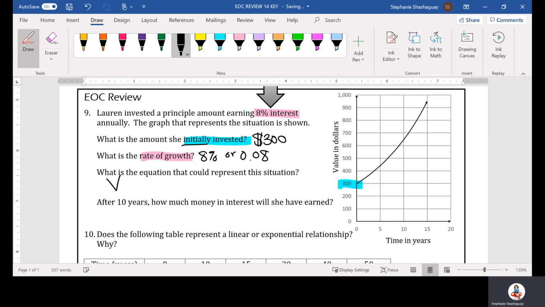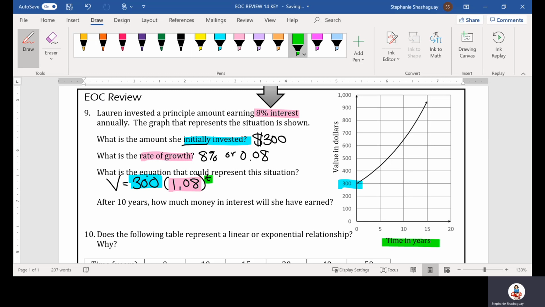So we'll put that as V. Our value of the account is going to equal our initial investment, the 300, multiplied by 1 plus the 0.08. So 1.08 is my growth factor. And that's going to be raised to T, which is the time in years.